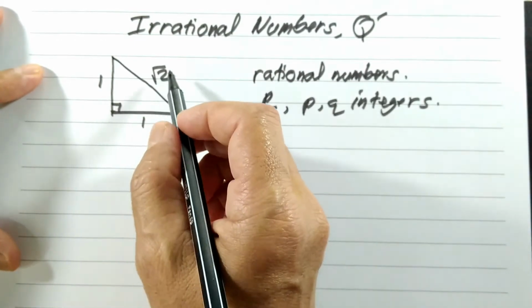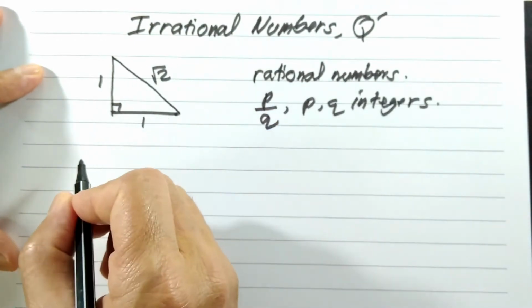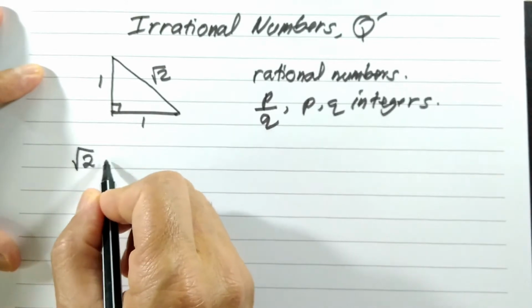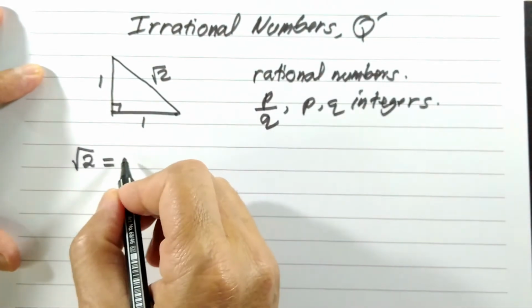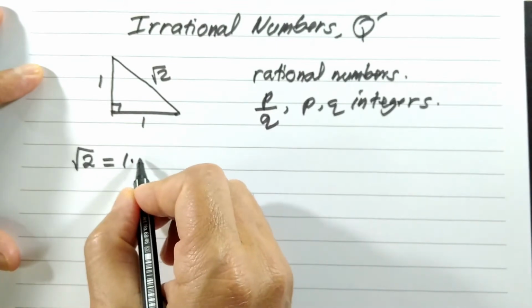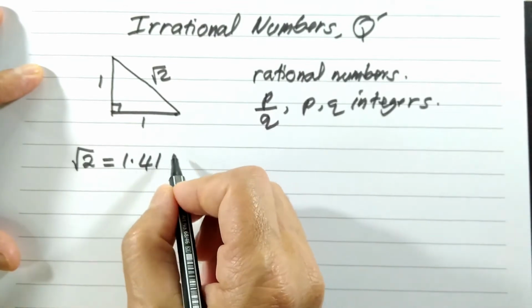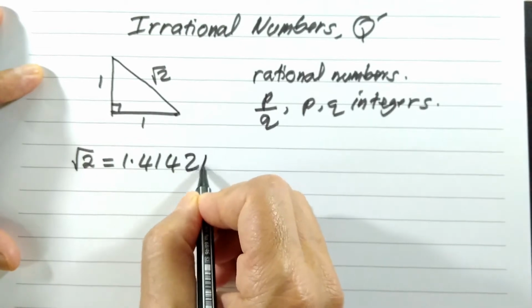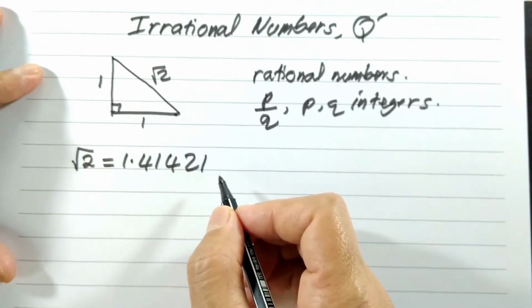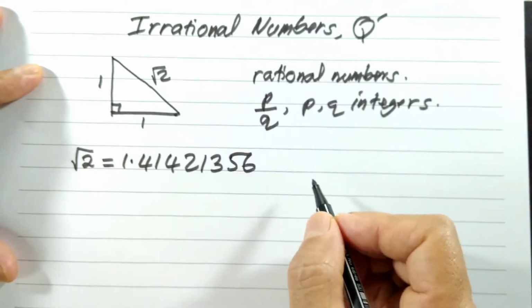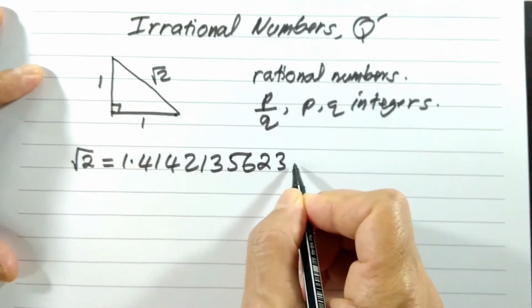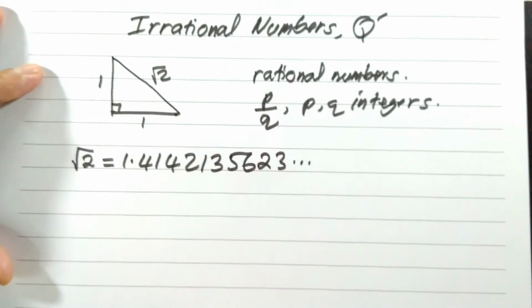And when we write down square root 2 in terms of decimal, we have 1.4142, then we have 356, then we have 2, 3, and so on and so forth.